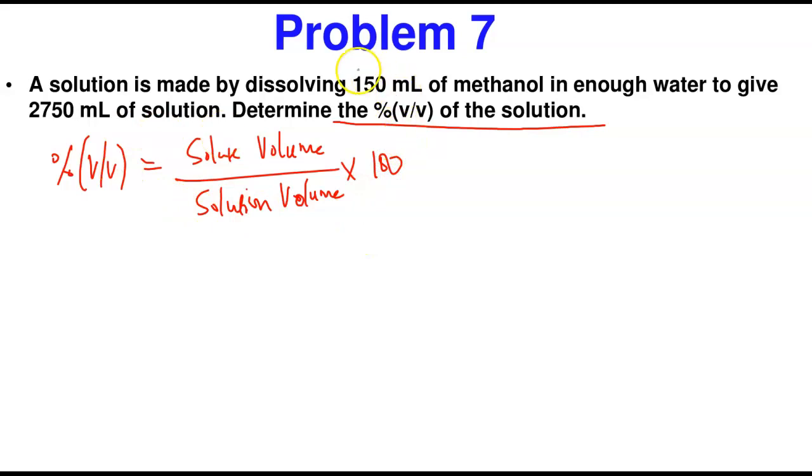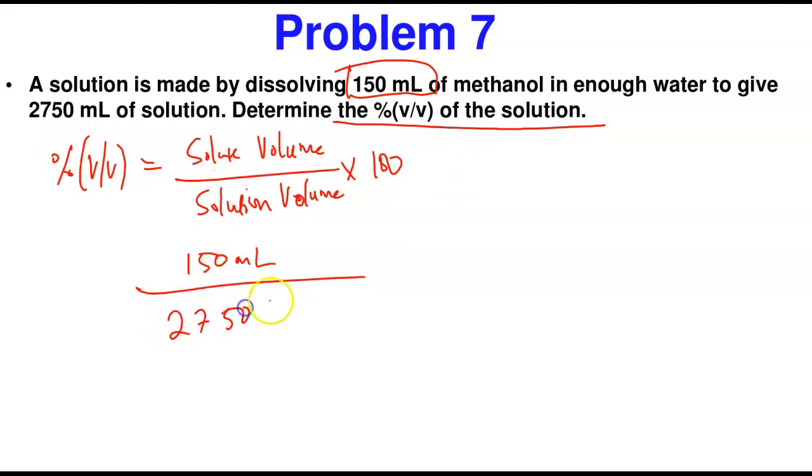You are dissolving 150 ml of methanol, so it's going to be 150 ml. You make a solution of what? 2750 ml. If you multiply this by 100, you're going to get 5.5%.